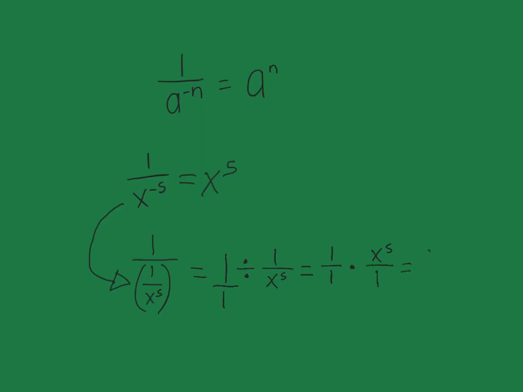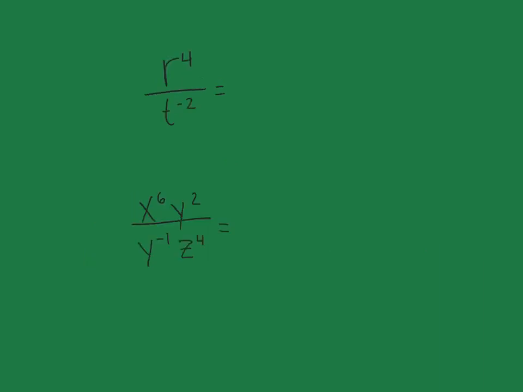So 1 times x to the power of 5 is x to the power of 5. 1 times 1 is 1. And anything divided by 1 is just that itself. So this would equal x to the power of 5. So that is why we can change this expression here, 1 divided by x to the power of negative 5, to be just x to the power of 5.